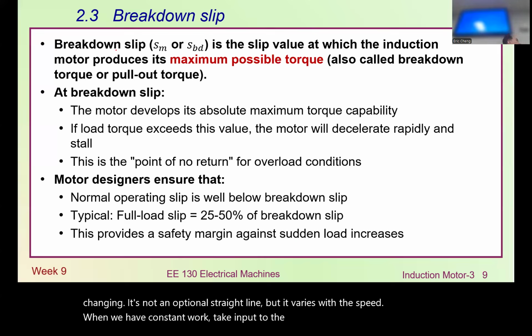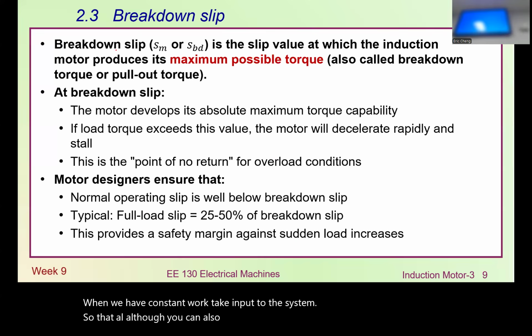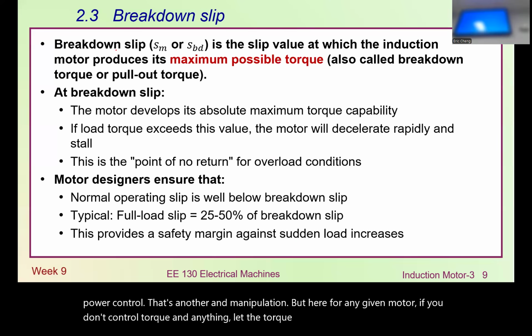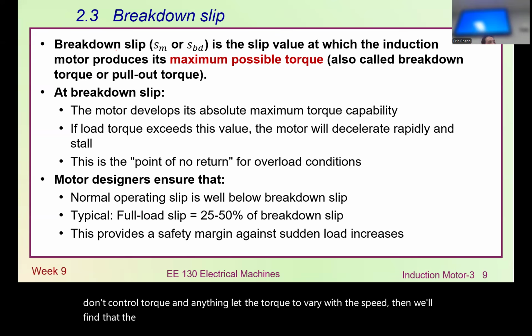You can also have constant torque control and constant power control, but that's another manipulation. Here, for any given motor, if you don't control the torque and let the torque vary with the speed, then you find that the motor has a certain speed at which the torque level will be maximum.